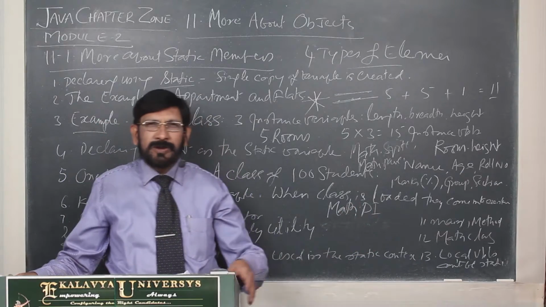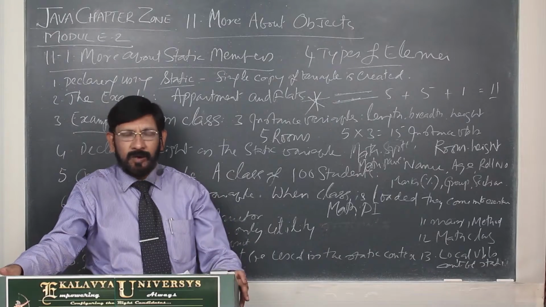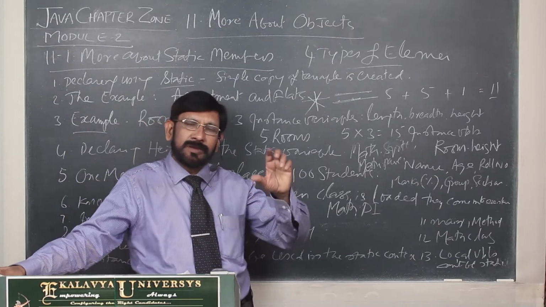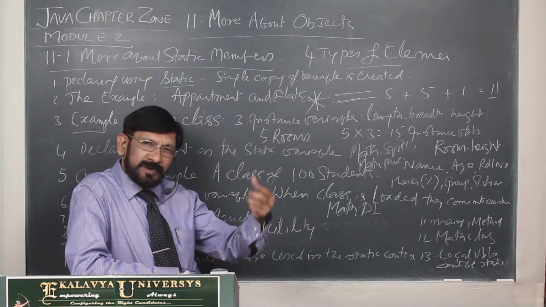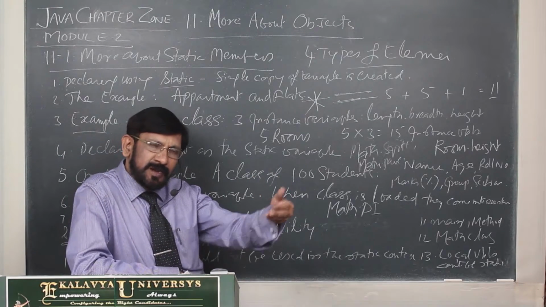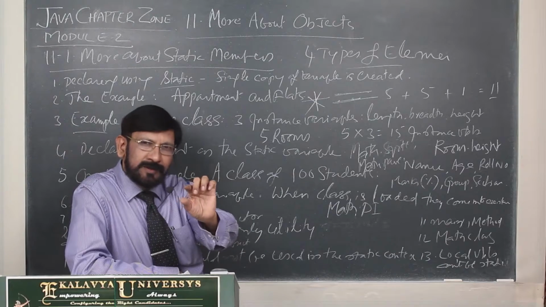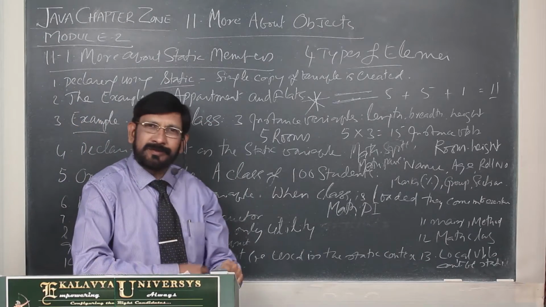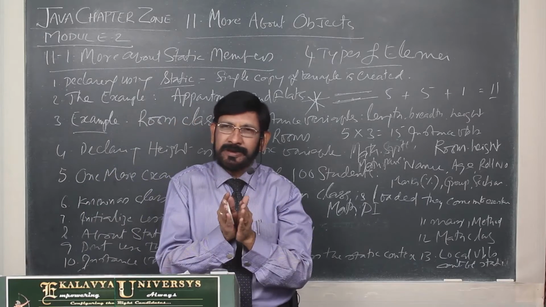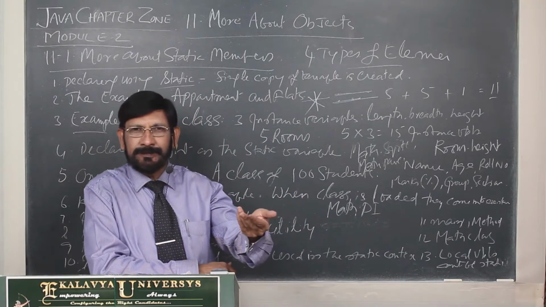Thereafter, the final point, local variables. Local variables means within the body of the method, we define certain variables for the sake of storing the new values which are evaluated within the body of the method. Actually, within the body of a method, certain values are created.